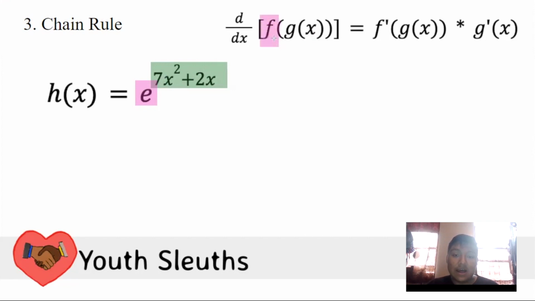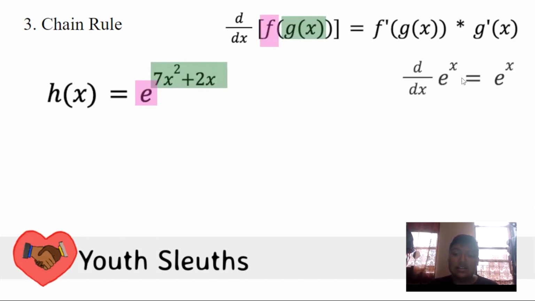So that would be our f. And then 7x squared plus 2x, that's the innermost, which is the second part. Now, before we begin deriving, let's not forget the rule that the derivative of e to the x is equal to e to the x. It doesn't change when you derive.